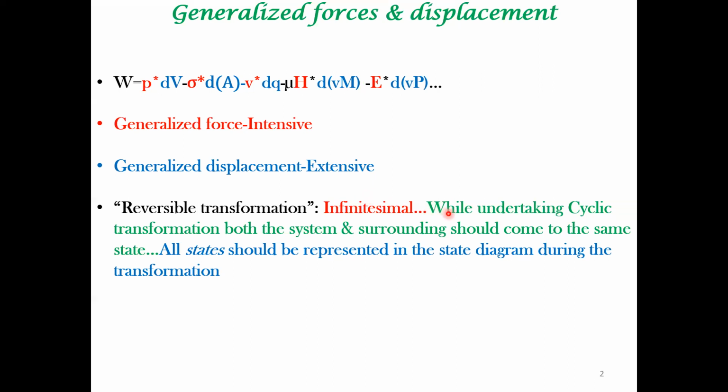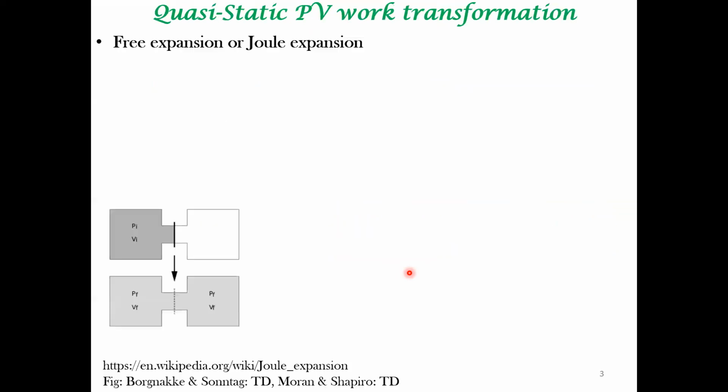Then, when a cyclic transformation is taking place, the system comes back to the same thermodynamic state. Not only does the system come back, the surroundings should also come back to the same state. That is another indicator of reversible transformation. And then during the transformation, all states should be represented in the state diagram. So this is what we had discussed in the previous lecture.